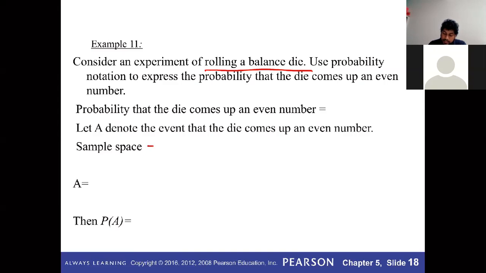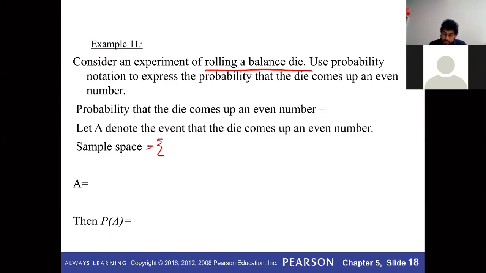Whenever you need to write the sample space, use curly brackets. Write your sample space within these curly brackets. That's the general notation we use to write the sample space. Within the curly brackets, you write all possible outcomes of our experiment.